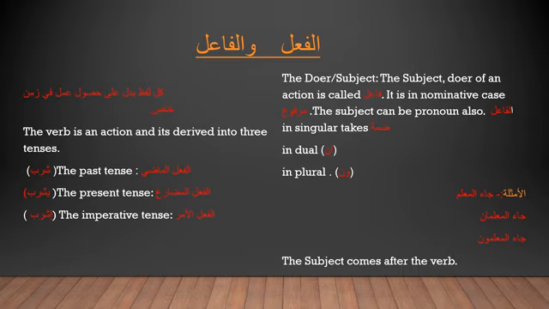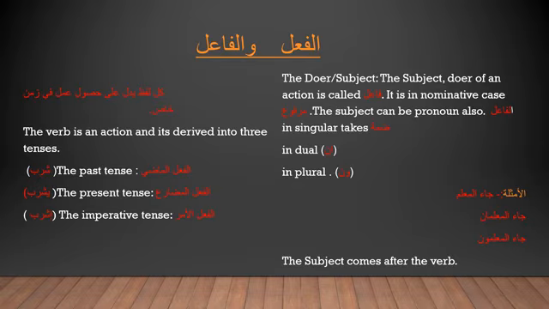Fi'l madi, you know, begins without the mudara'a letters. The mudara'a letters are hamza, ta, ya, noon. If a word begins with ya, ta, noon or alif, you can say this word is present tense.